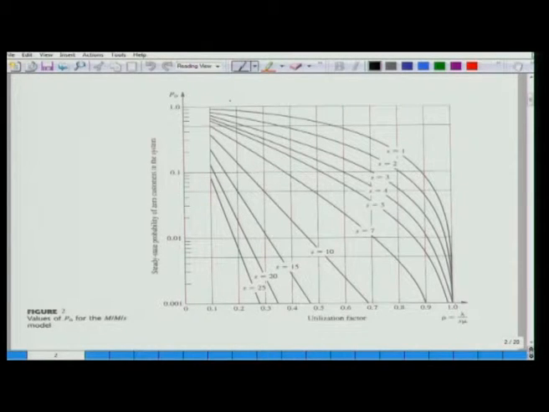For 0.8, for example, the top line shows the utilization factor versus the steady state probability of no customer in the system. These are the different lines, and you see that the utilization factor when S is 25 is even less than 0.3.